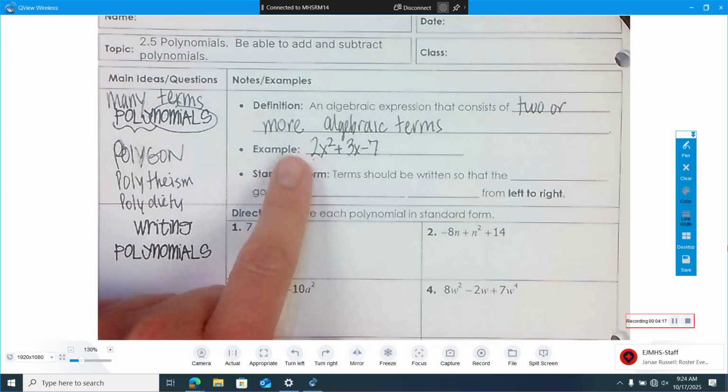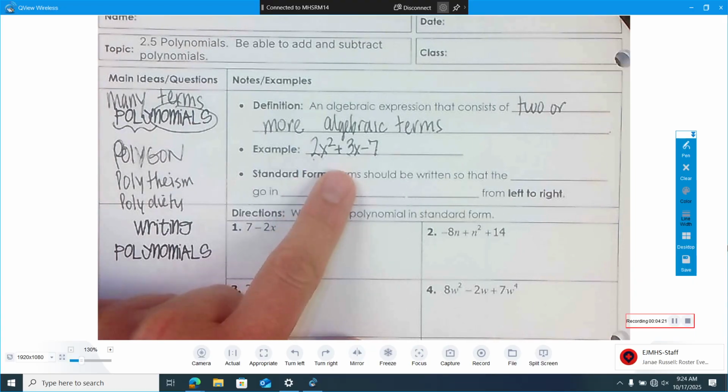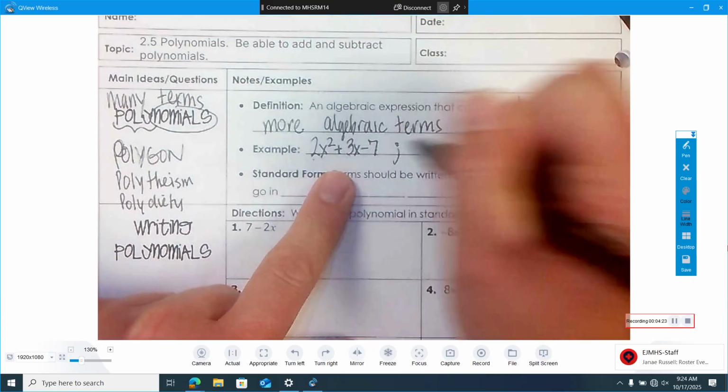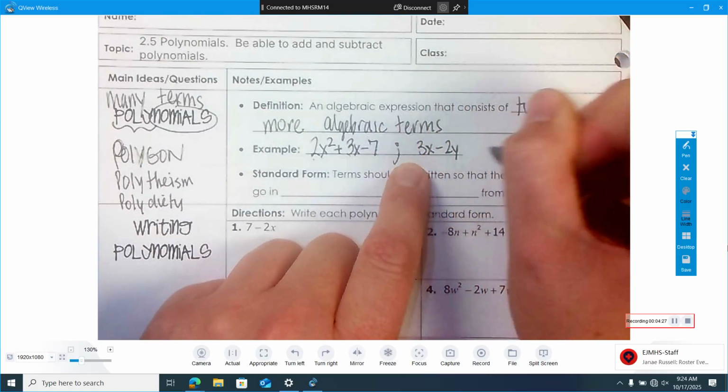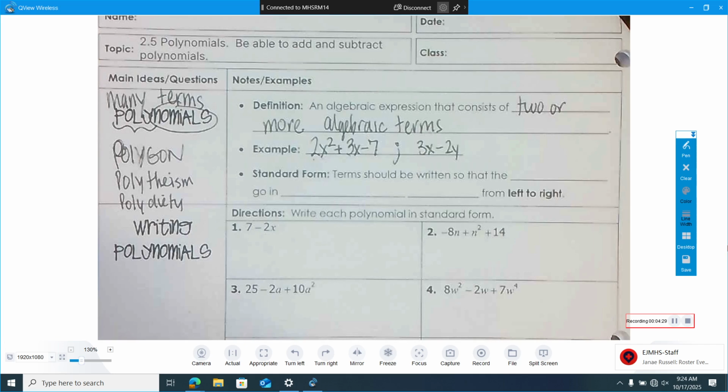I could also do something like 3x minus 2y. That is also an example of a polynomial. It has 2 terms, so 2 or more terms with letters and numbers and operations.